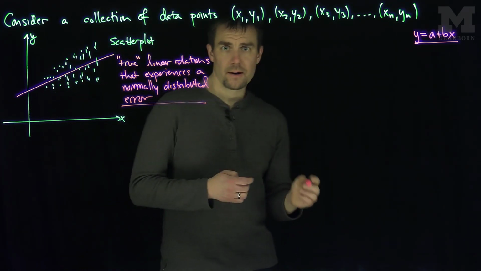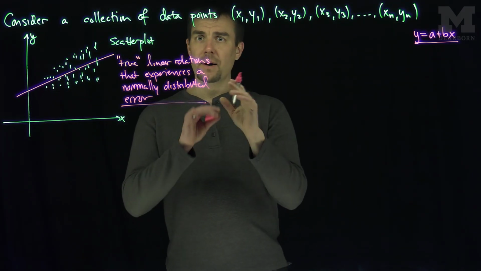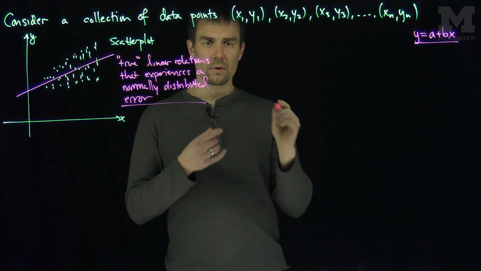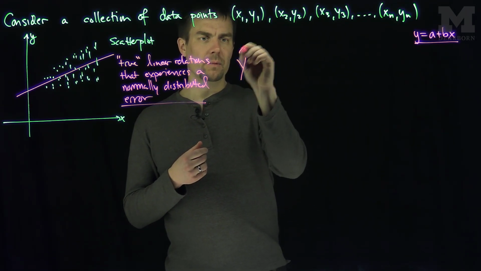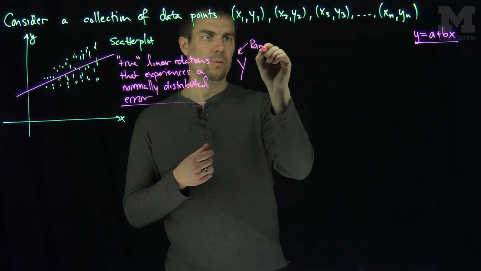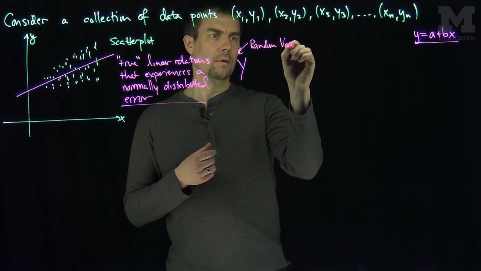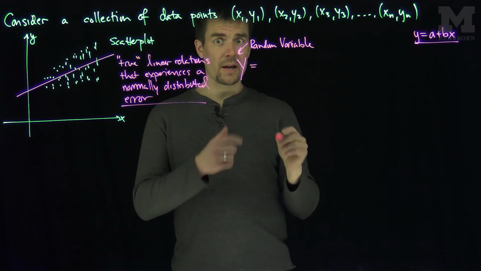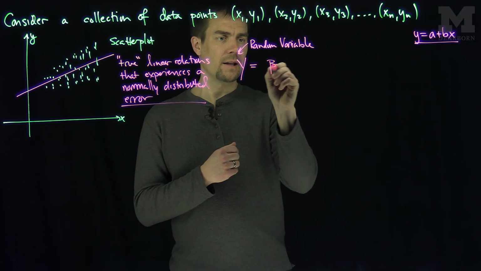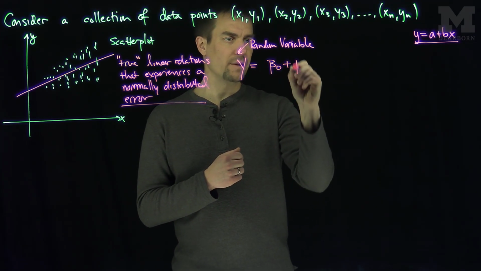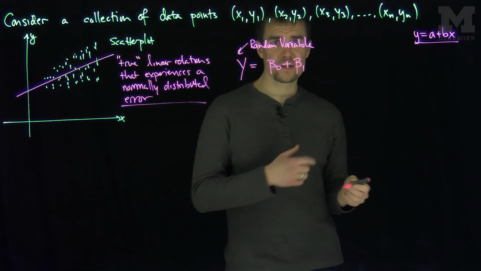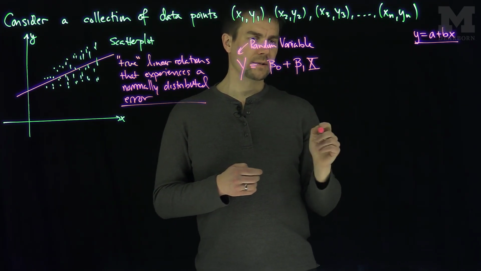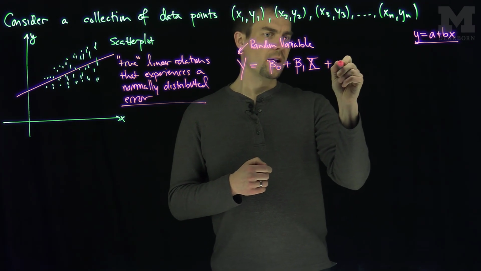That is a fancy way of saying that if I think about my y as my response to an explanatory variable, my y is a random variable. And the random variable seeks to be explained by a linear relationship, which I'm going to write as beta 0 plus beta 1, to stay consistent with most notation in textbooks, times a random variable x, plus an error.